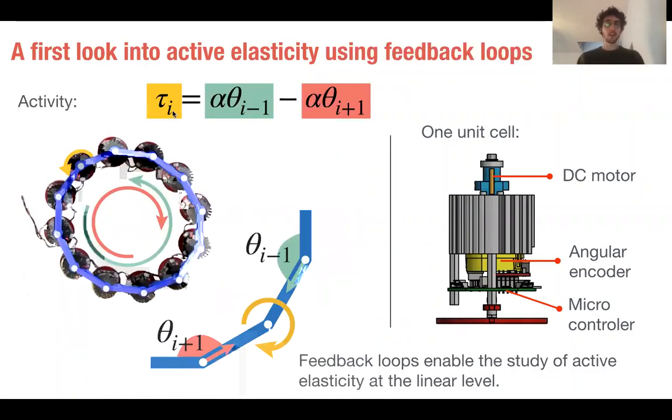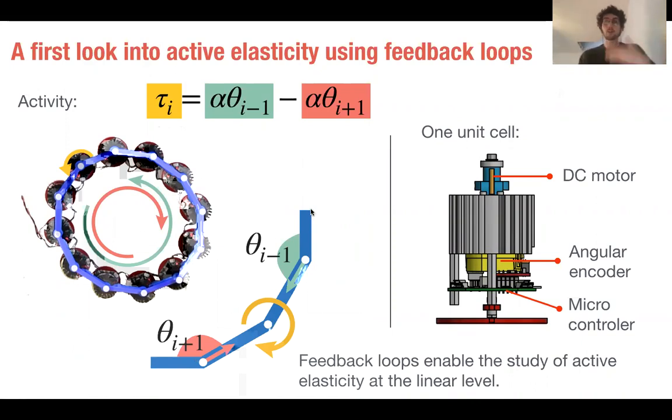So what does that mean? It means that if we are now looking at our system here, we can define some feedback loops that are going to add some activity to our object. Let me take the example of one unit cell and zoom in on it right here. Of course, you have the elasticity that is coming from this rubber band here.